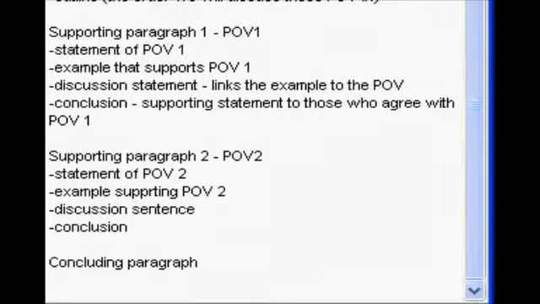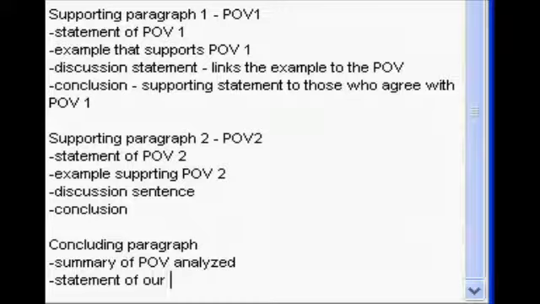So now if we come down to a concluding paragraph, the concluding paragraph is made up of 3 sentences, which, if you recall, is the same as the concluding paragraph for the argument essay. The first one is a summary of points of view analyzed. So the points of view we looked at: point of view number 1 that supports McDonald's, point of view number 2 that doesn't support McDonald's. This is a sentence that summarizes those 2 areas that we looked at.